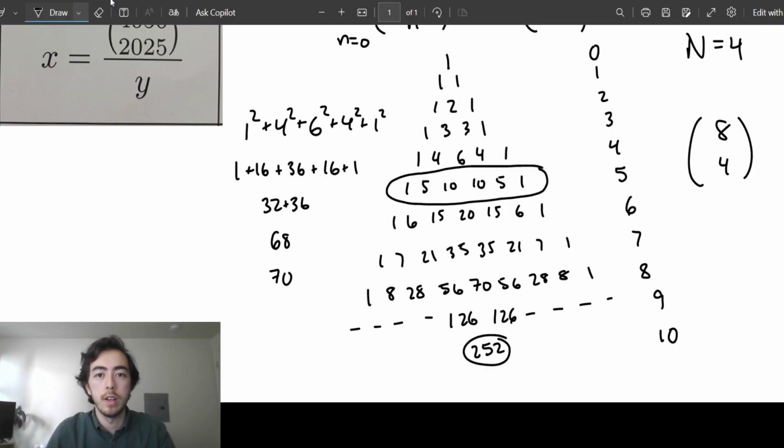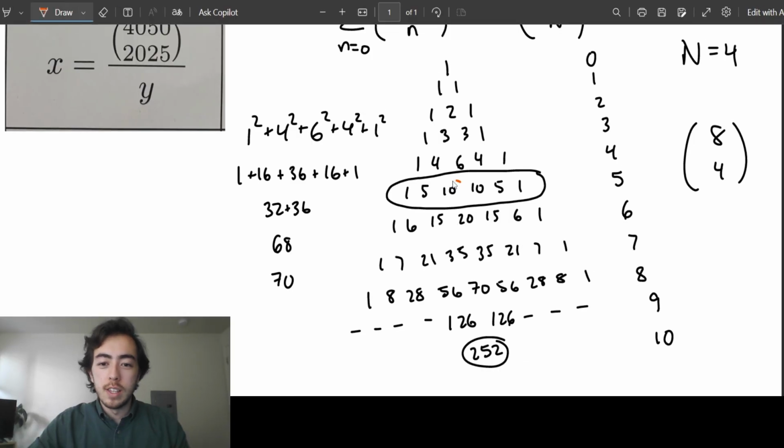But let's go back and think about it in terms of paths of left and right on Pascal's triangle. We already know that this 10 right here represents the number of ways we can go down Pascal's triangle to get to that number 10. We could think about it in reverse, where if we take a look at this triangle down here and think about starting at that 252, this triangle that I just drew is perfectly symmetrical to the triangle that I drew above.